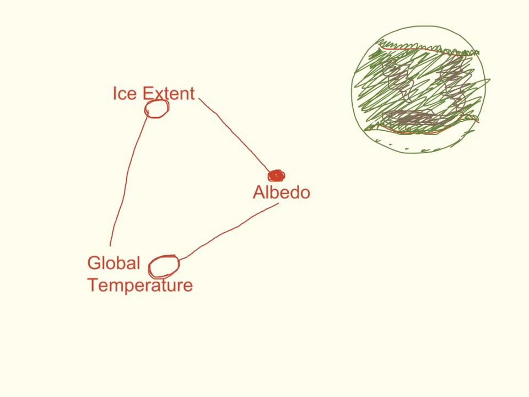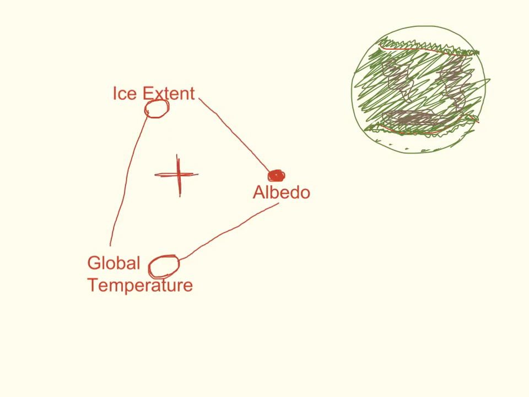Planet X becomes warmer. And as Planet X becomes warmer, what's going to happen next is that you're going to melt some more of the ice sheet. And if you melt more of the ice sheet, you're going to further decrease the albedo. That's going to result in more warming. So the system that I've drawn here has two negative couplings and one positive coupling, and collectively it ends up being a positive feedback loop.